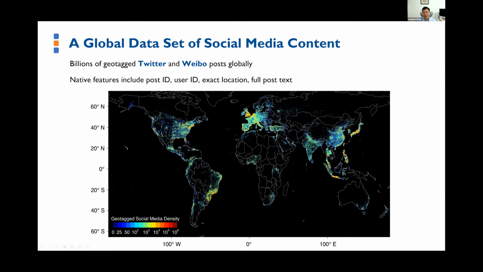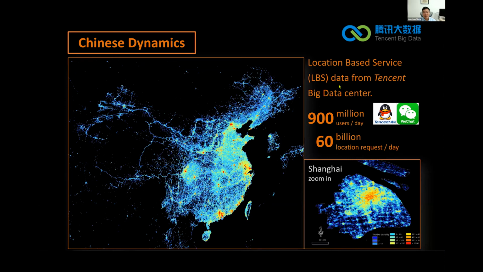Beyond social media data like Twitter and Weibo, we are also collaborating with Tencent, which is the largest social and location-based service provider in China. As you know, Tencent is the most popular social network in China. They have mobile phone apps, including WeChat and QQ, which allow mapping geographic locations with GPS.